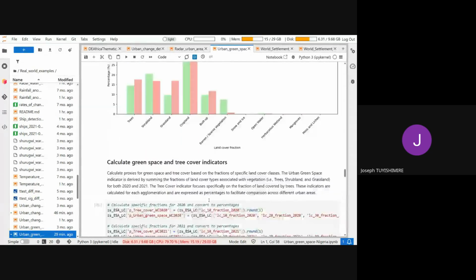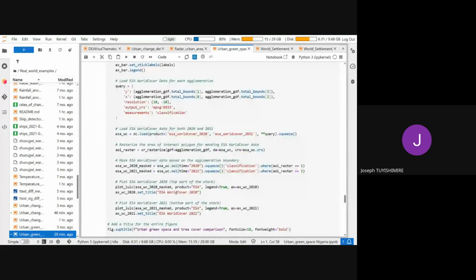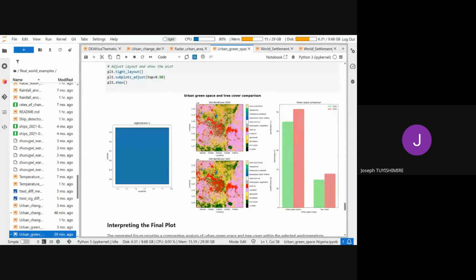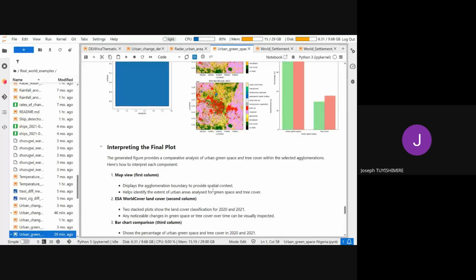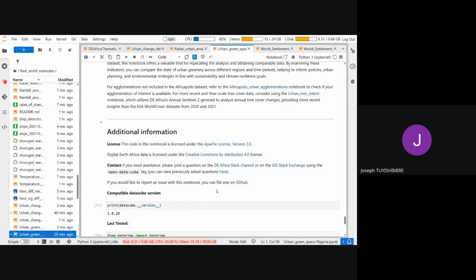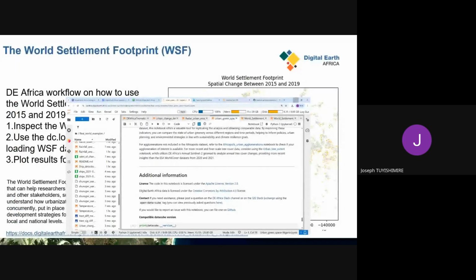Using the ESA land cover map, we are able to compare urban green spaces, which were increasing in Abuja in 2020 and 2021, and the tree cover was equally increasing. This becomes a good indicator that Abuja is more or less a green city, and I think that's why more international organizations look to stay in Abuja.